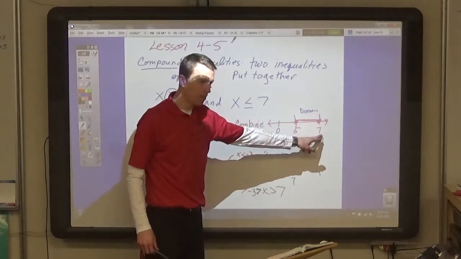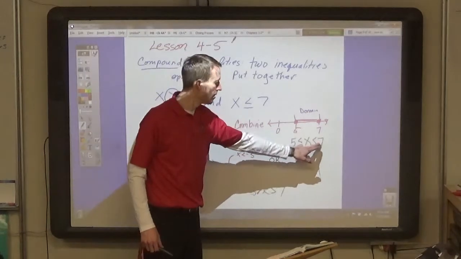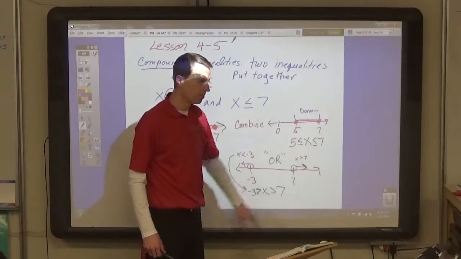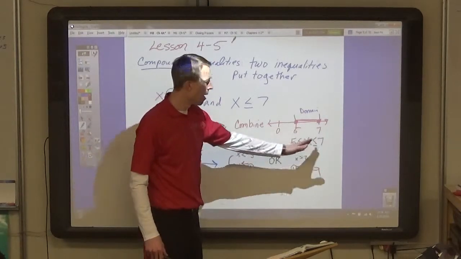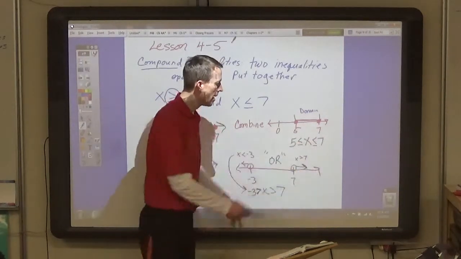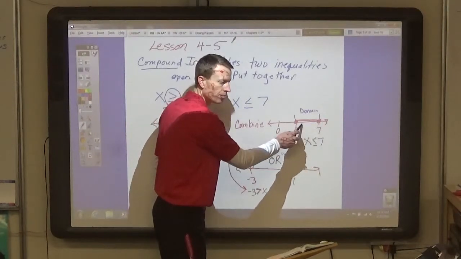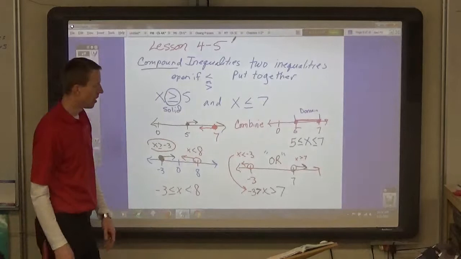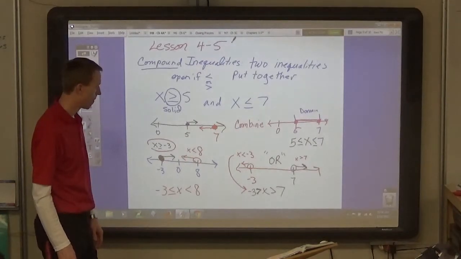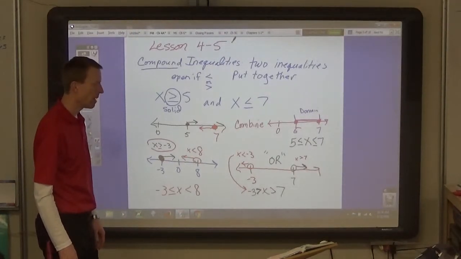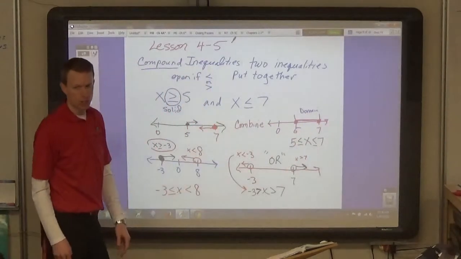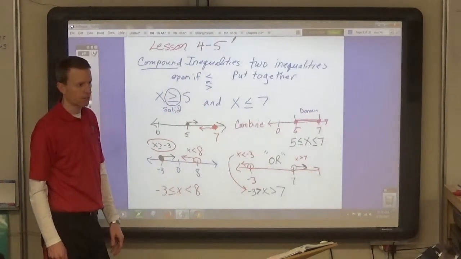And then the number to the right of that is the number that's greater than or equal to x. So the numbers are on each side, x is in between. So the domain equals x. The domain is the shaded area, the area for x.